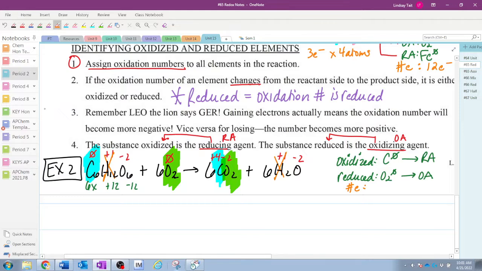It lost 4 electrons. But then how many atoms of carbon are in this equation? 6. So the total number of electrons lost by the carbon is 24 electrons. That would also be exactly how many the oxygens are gaining if you did the math.